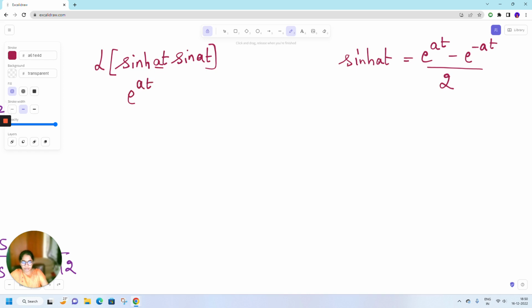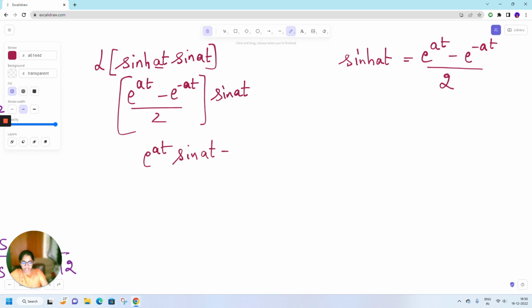So I'll write it as e power at minus e power minus at divided by 2 into sine at. What is e power at into sine at minus e power minus at sine at, the whole thing divided by 2.